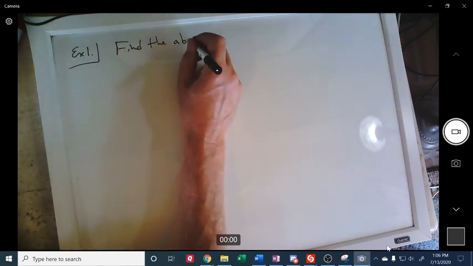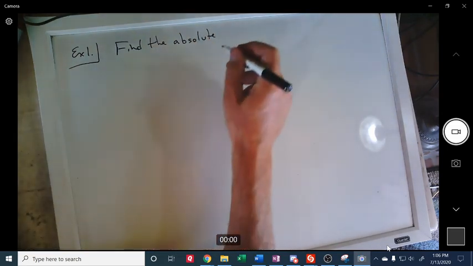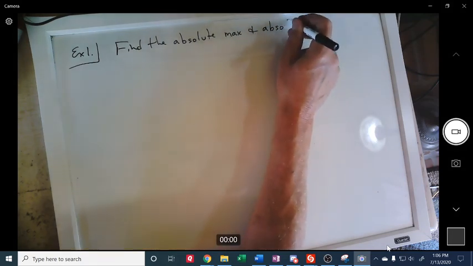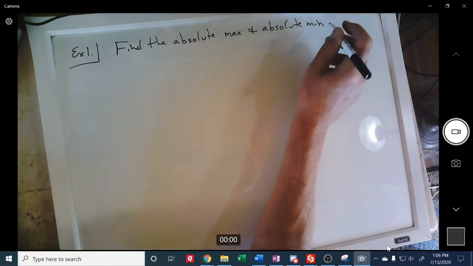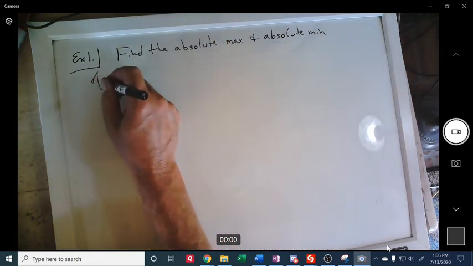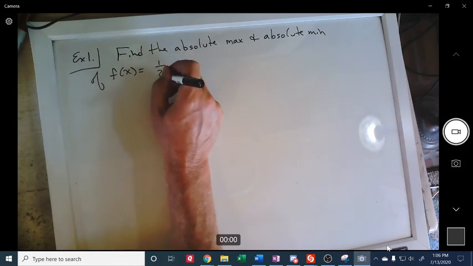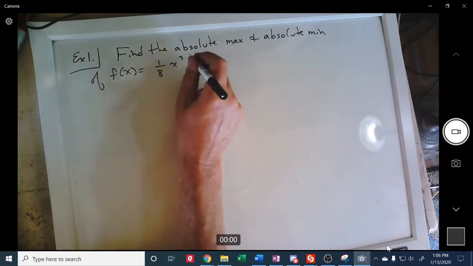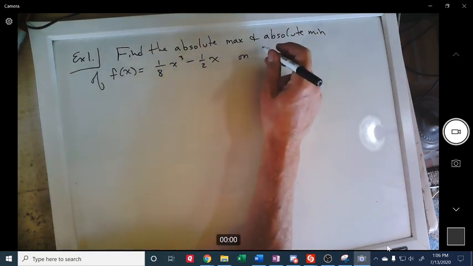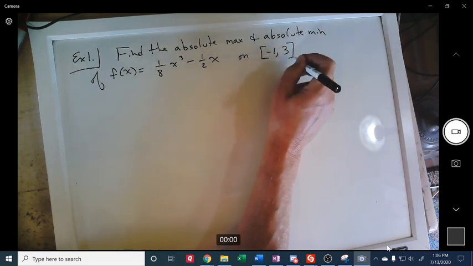Find the absolute max and absolute minimum of f of x equals 1/8 x cubed minus 1/2 x on a closed interval from -1 to 3.